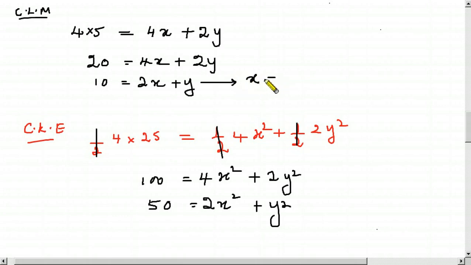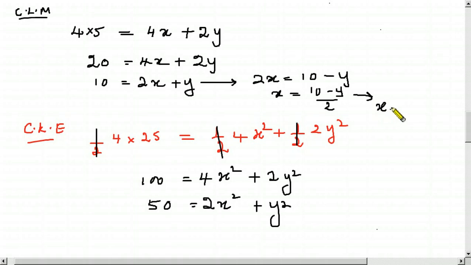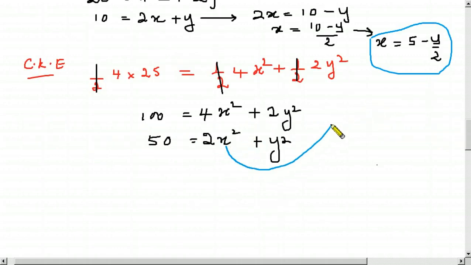Let us write 2x first of all. 2x equals what? 10 minus y, yeah? Then x equals 10 minus y, the total thing divided by 2. So we get x equals 10 by 2 is 5 minus y divided by 2. Then let us substitute this into x squared.